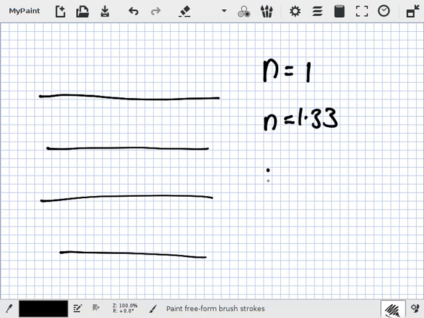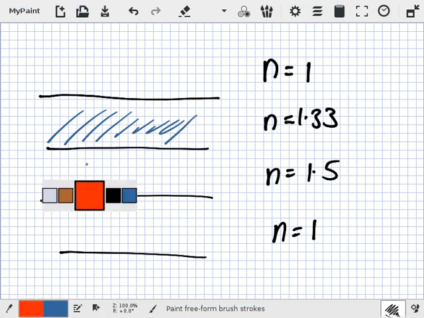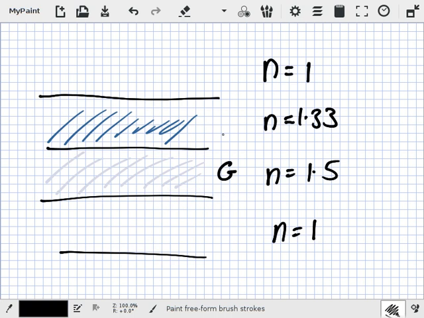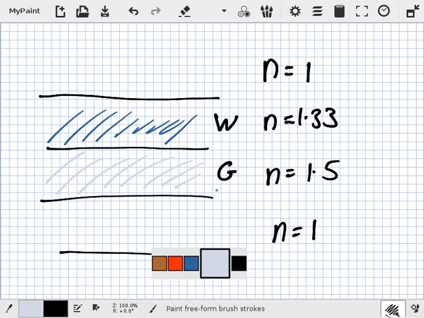The glass, n is equal to 1.5. And here the air again, n is equal to 1. So this one here, where's the water? Here. This one here is glass. Water. That's air and that's air.